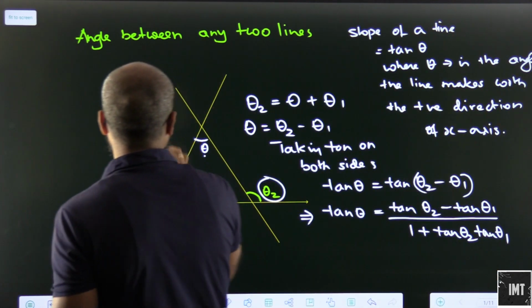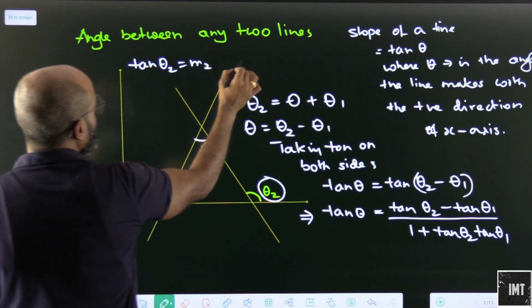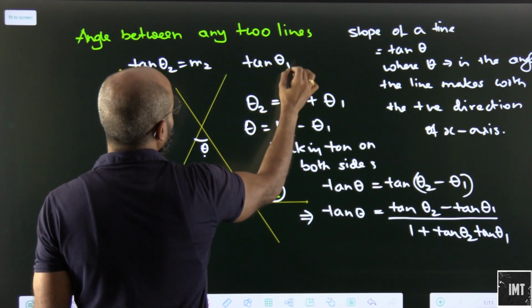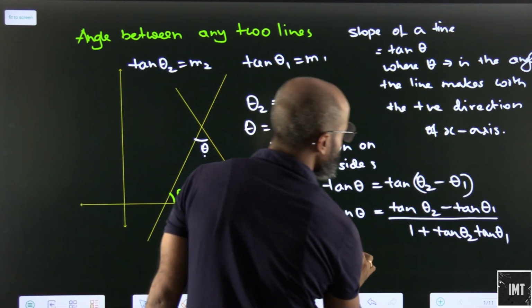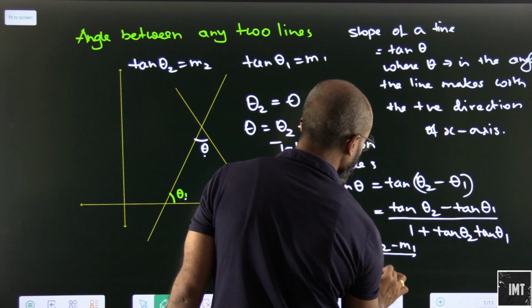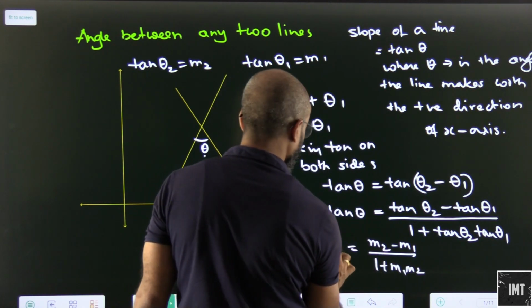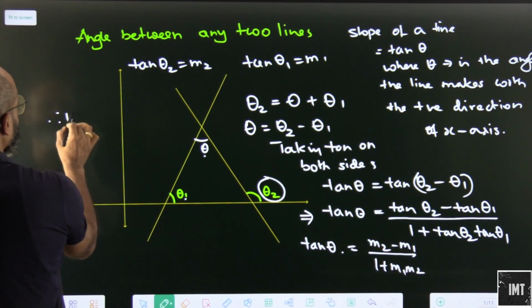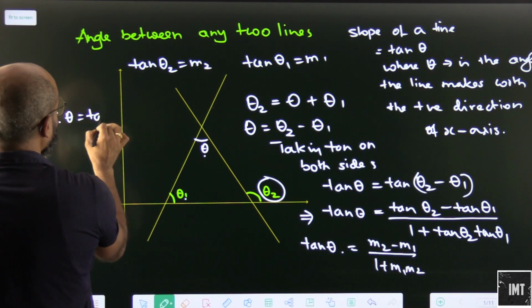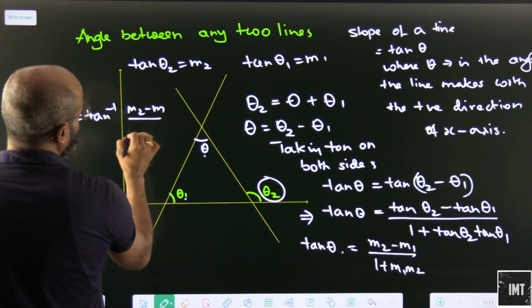Now tan theta 2 is the slope m2 and tan theta 1 is the slope m1. So this will be (m2 minus m1) upon (1 plus m1 m2), that is tan theta. Therefore theta is equal to tan inverse of (m2 minus m1) upon (1 plus m1 m2).